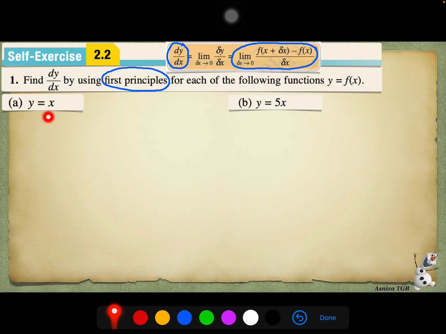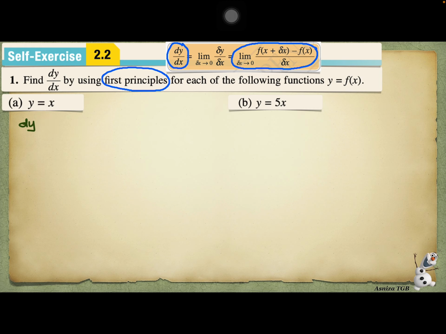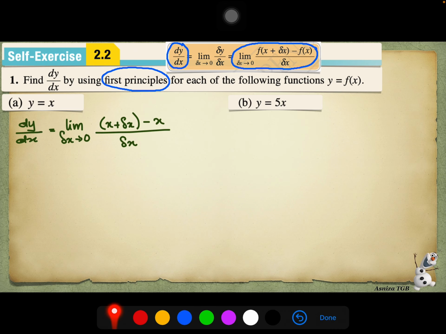Now look at the first function. We have y equal to x. Finding dy/dx means finding dy/dx using the limit as delta x approaches 0. So for f(x plus delta x), it means f of the object x plus delta x.